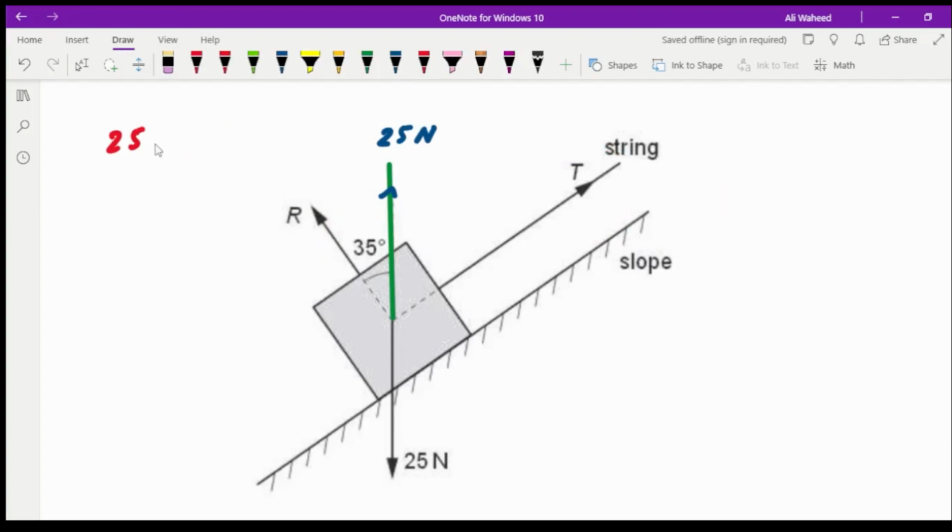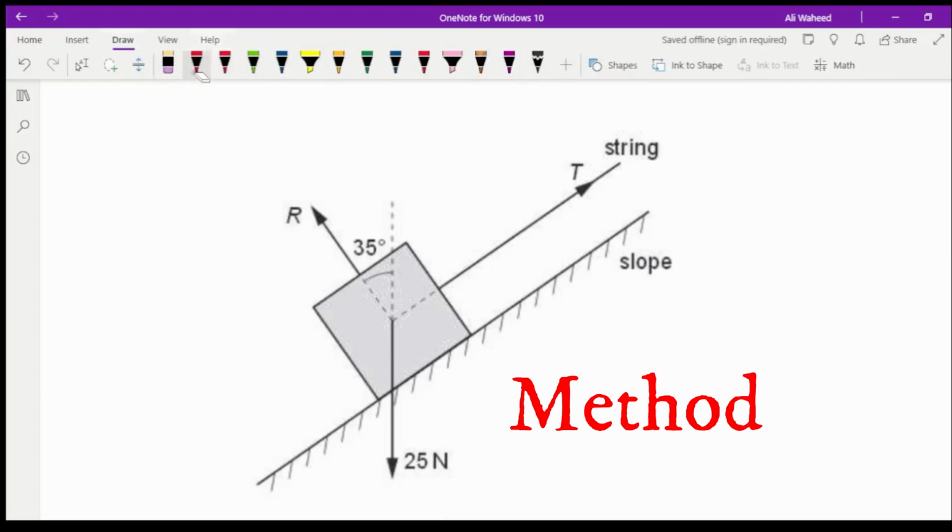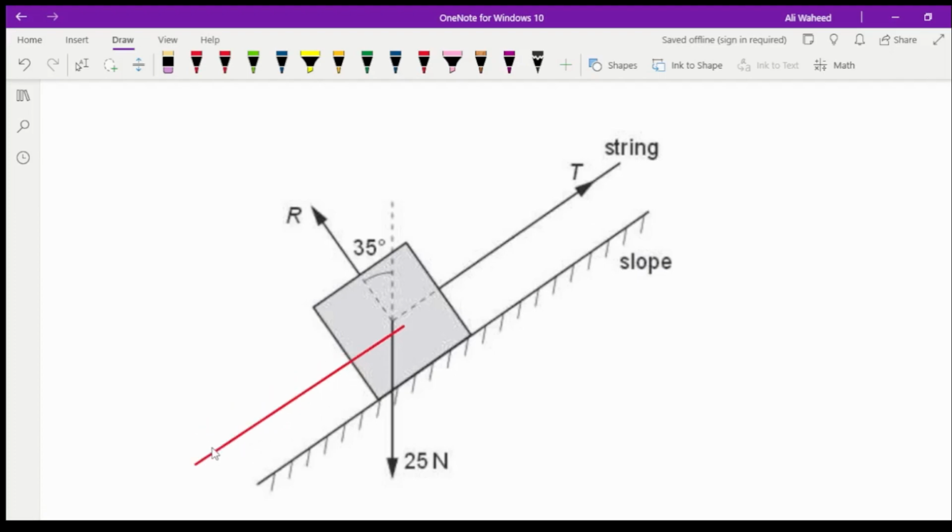There are plenty of ways you can solve the question of vector. We can extend some of the lines here for better understanding. So this is a vector. The tension can be extended in the same direction backward as well. This is the same vector, and we need to find the value of that vector.